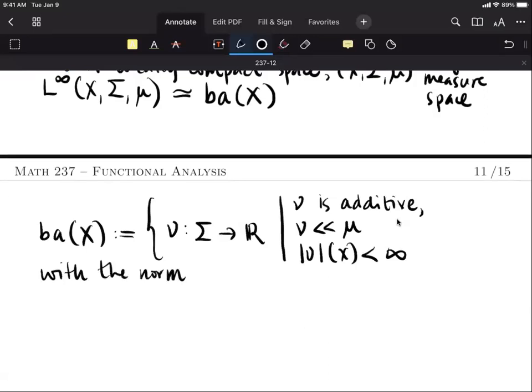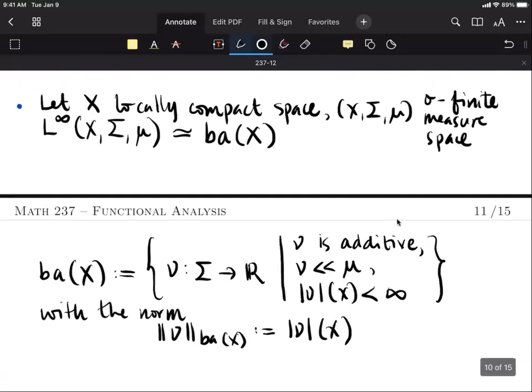So the norm is the total variation norm. And it can be shown that this is indeed a Banach space. And this space of additive and absolutely continuous signed measures with respect to mu having a finite total variation is the dual of L infinity up to an isometric isomorphism.